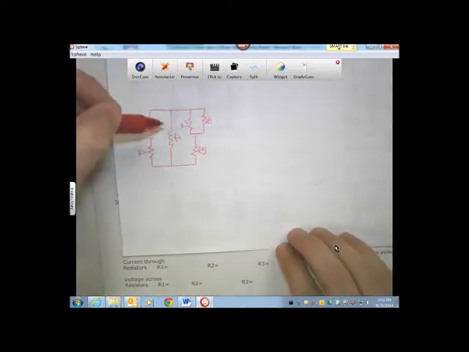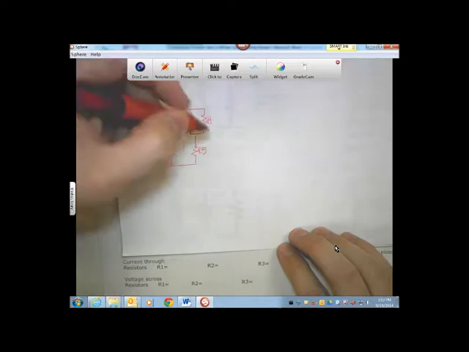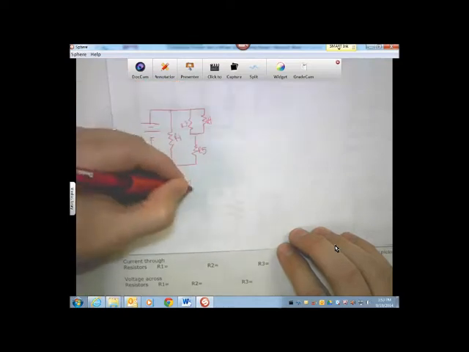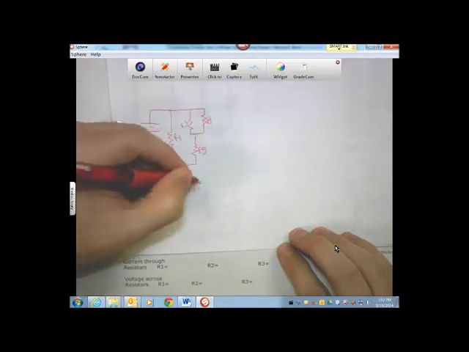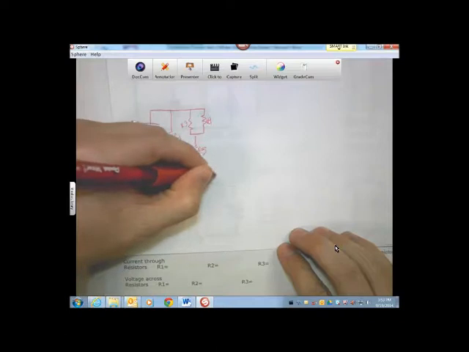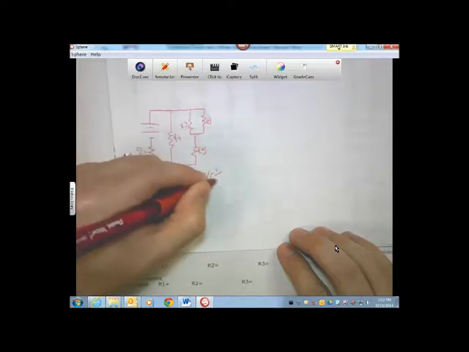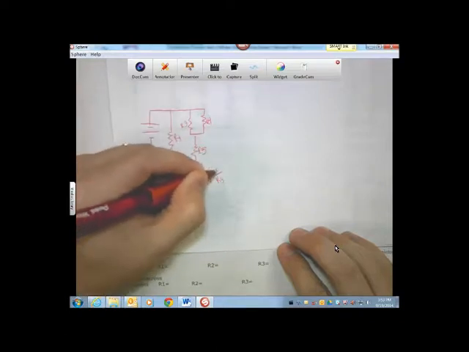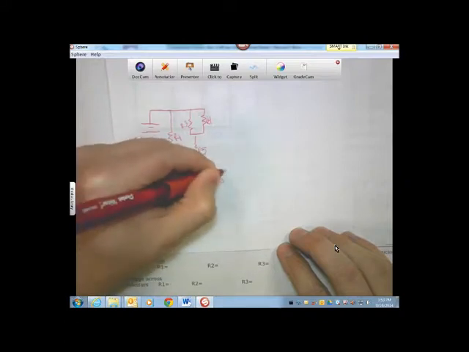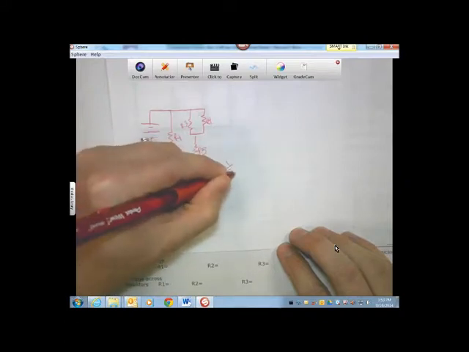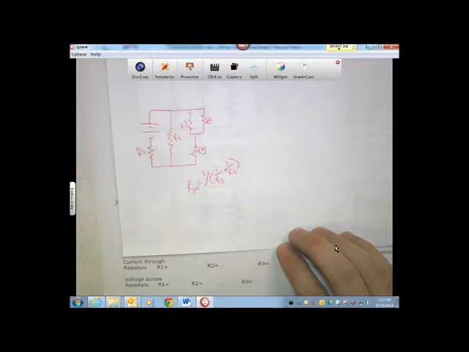So R3,4 is going to be equal to 1 over 1 over R3 plus 1 over R4. Once I solve for that, I can redraw my problem.